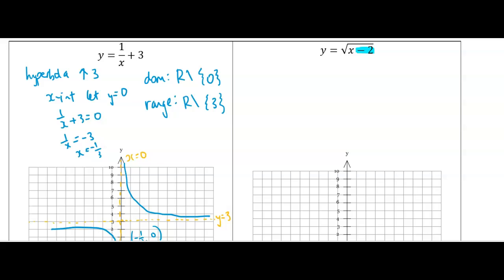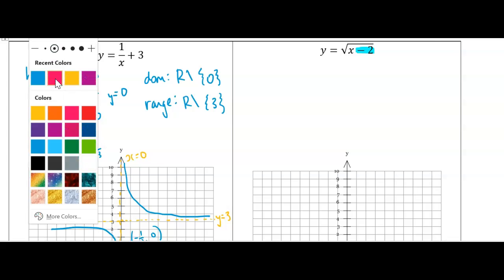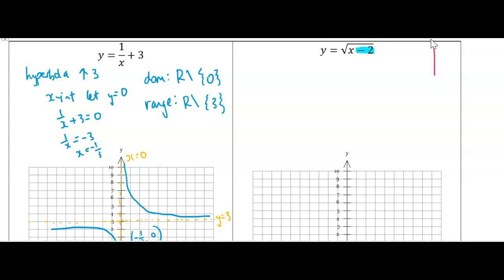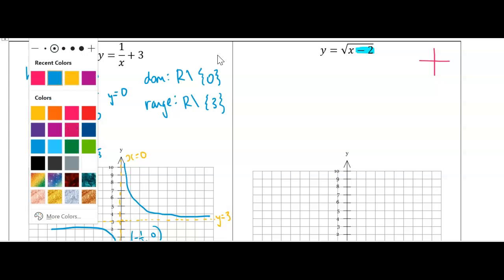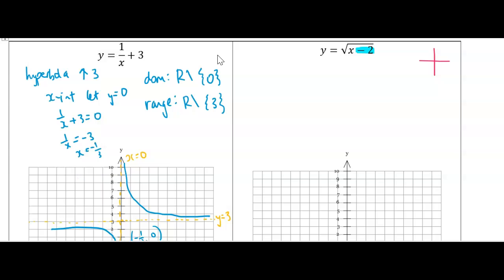Now, when thinking about the square root graph, I might just do a quick sketch over here. Your square root graph starts at 0 and goes like that.